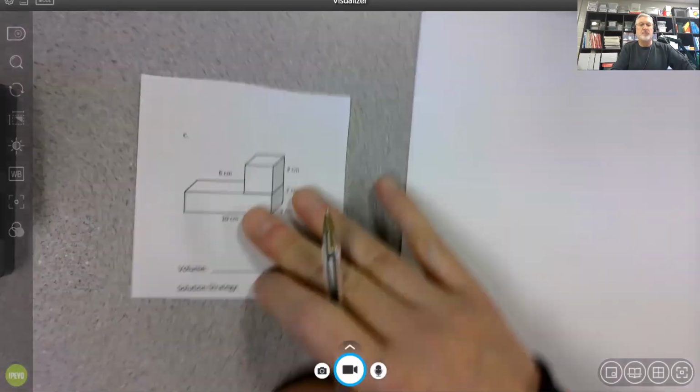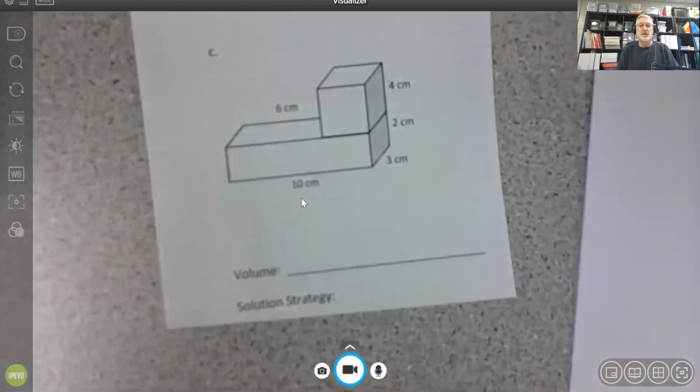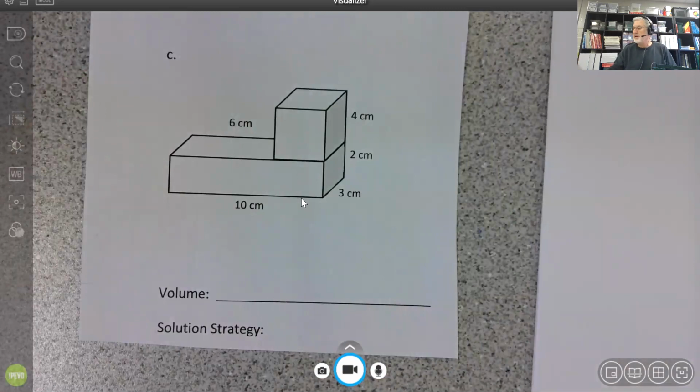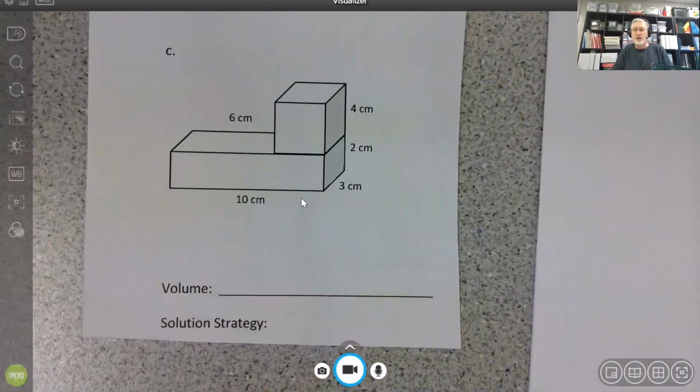So I will share my screen with you, and you can see the problem I'm going to work out. You can see it nice and close. We have an irregular shape, and what we want to do is take the volume of the two shapes that we've created.